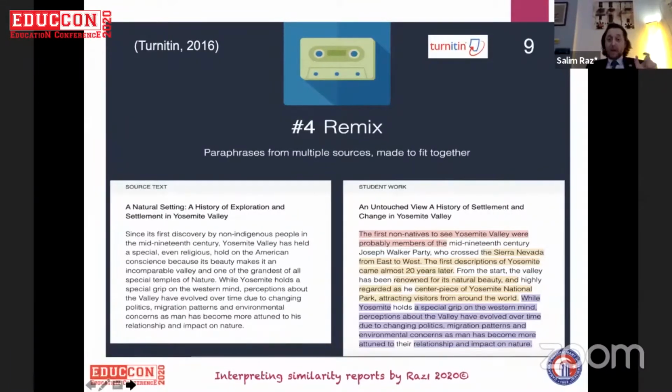So what happens here? The student copies from the first source, and then writes something else, and then copies from the second source, writes something else, and makes some alterations in order to fit them together. However, of course, there is no citation to the original works, and there are no quotation marks. Therefore, again, this will be considered as plagiarism.